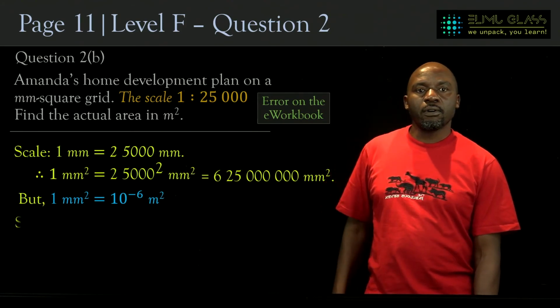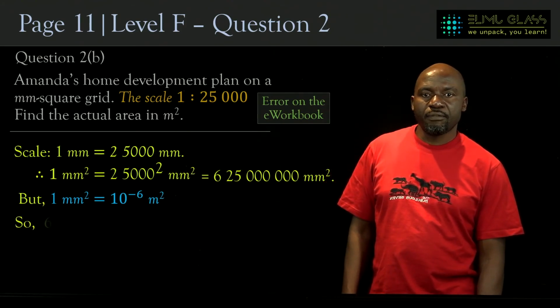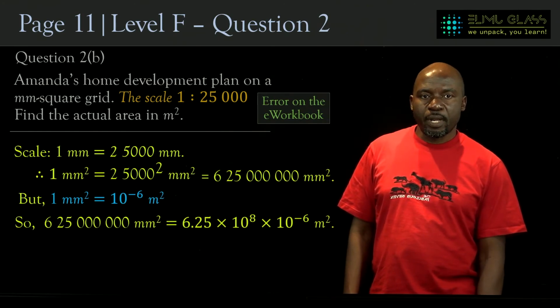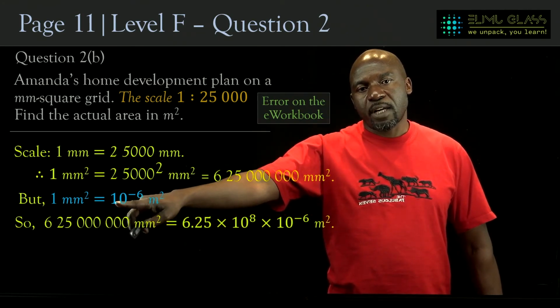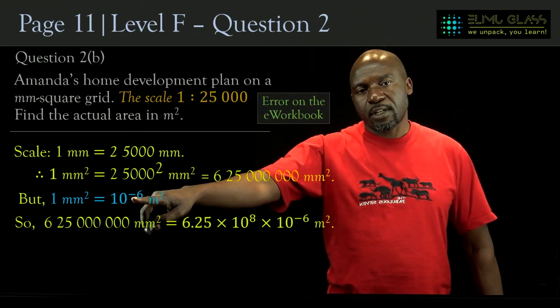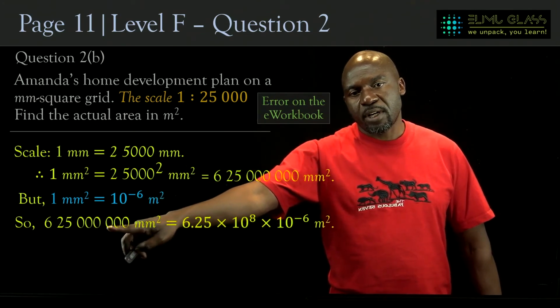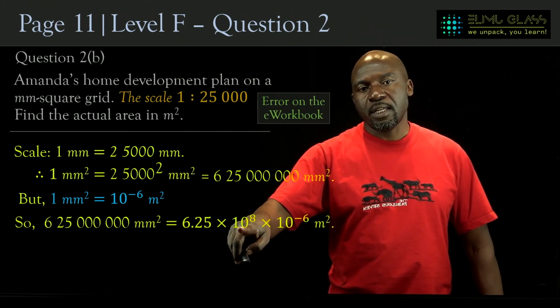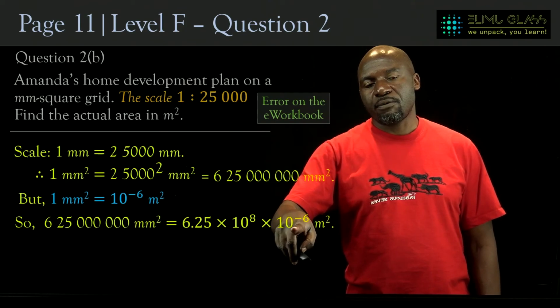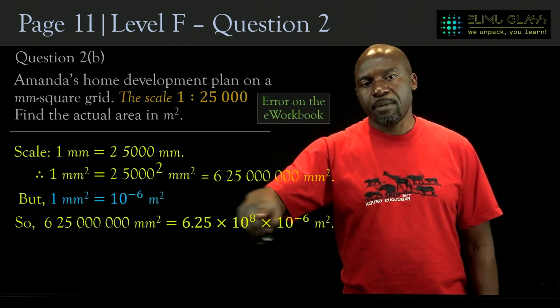So therefore, 625 million millimeters squared must be 625 million multiplied by 10 to the power of -6, okay? What I've done here is express 625 million in scientific notation, which makes life easy, and then multiplied by 10 to the power of -6 for 1 millimeter.